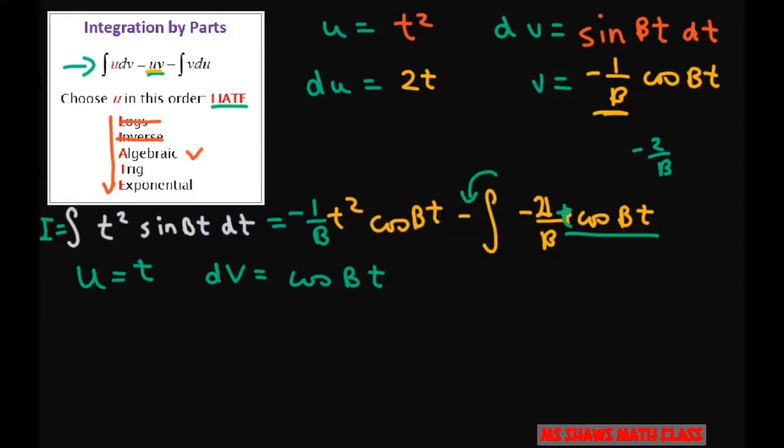Therefore, the derivative of u is just the derivative of t, which is 1, and the antiderivative of v is going to be 1 divided by beta sine of beta t. All right, then we're going to do this again.